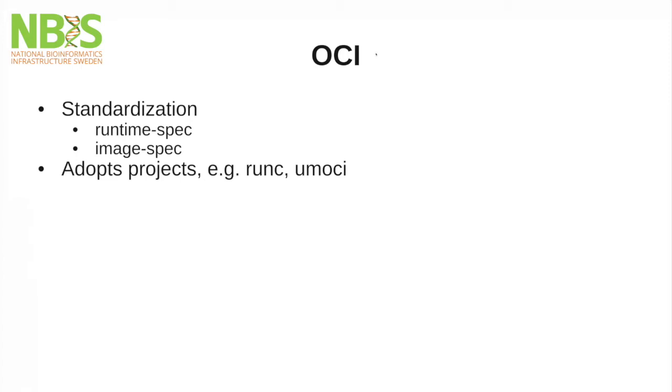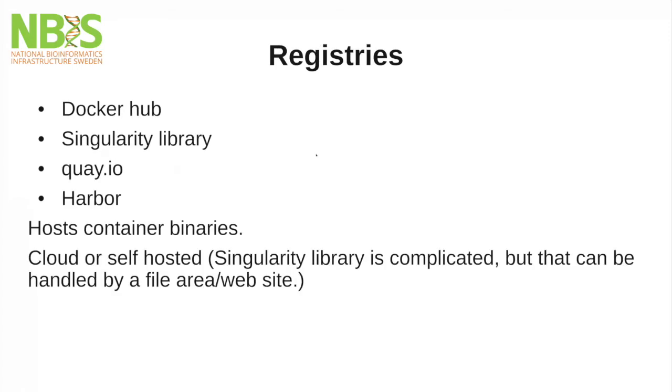There's something called OCI, or Open Container Initiative, which standardizes things and runs a few projects that are useful for various partners. I mentioned registries. They are basically places where you can store and fetch containers from. These can be cloud-based, like Docker Hub, or something you run yourself, like Harbor.